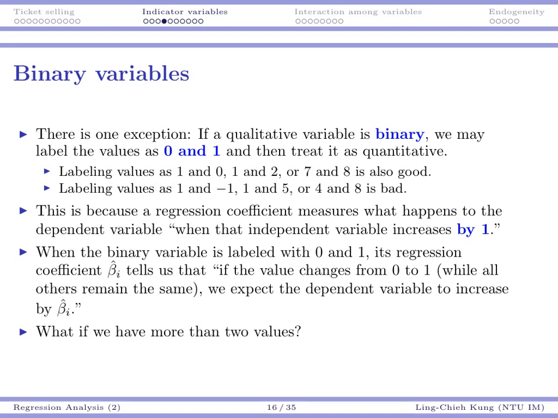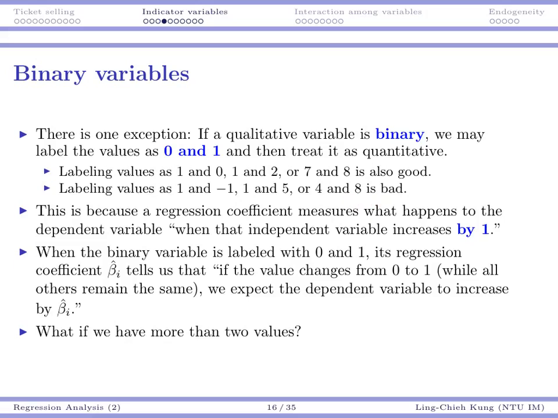Actually, if we label them as 1 and 0, 1 and 2, or 7 and 8, then when we treat it as quantitative and put it into a regression model, we'll be fine. It's bad only if the labels have a difference other than 1.